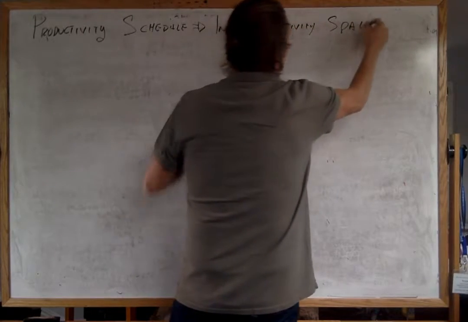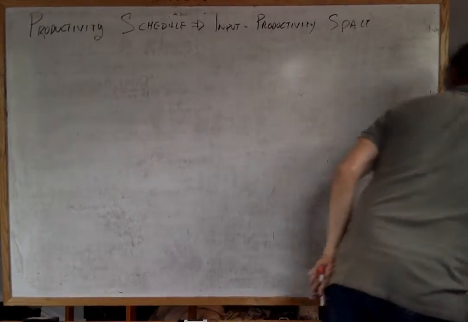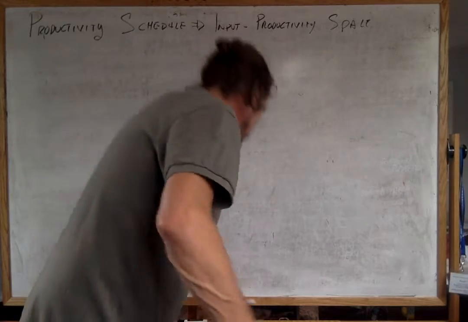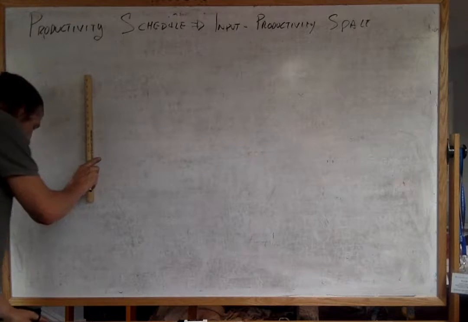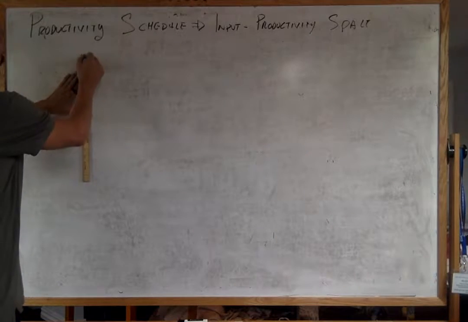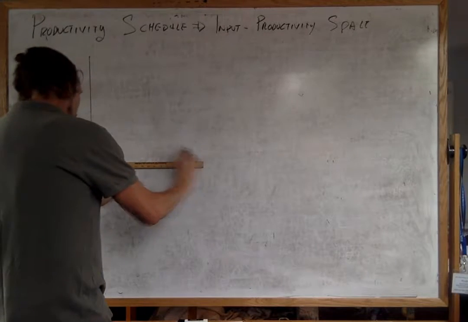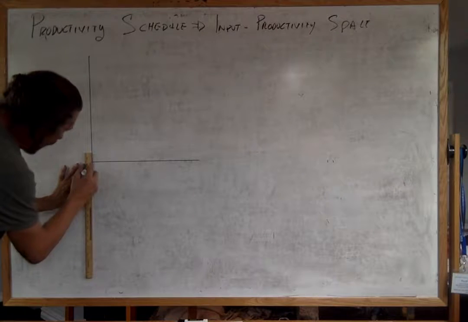Which means we're going to have the following. So our factor productivity space is going to be here. This then is the productivity of labor on the vertical axis and productivity of capital on the horizontal axis.